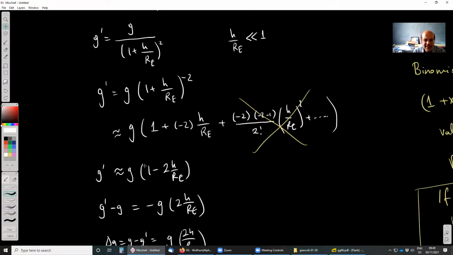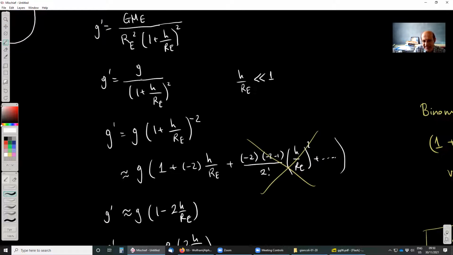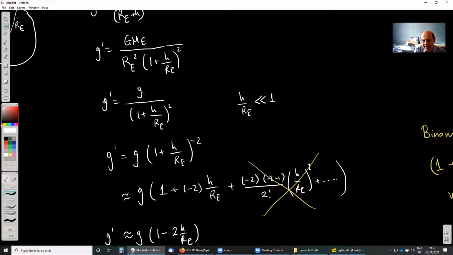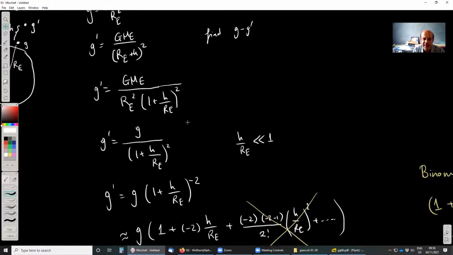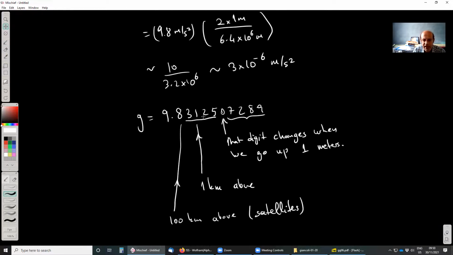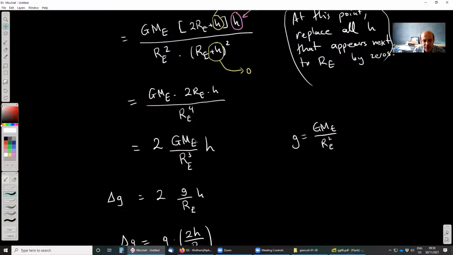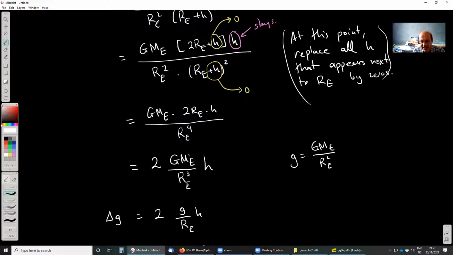I did the simplification at the beginning in here, at the first stage. Here, however, I did it somewhere in here after making this approximation where h goes to 0. So this method is kind of complicated, because you have to decide in which places you have to neglect the small quantity and in which places you shouldn't.